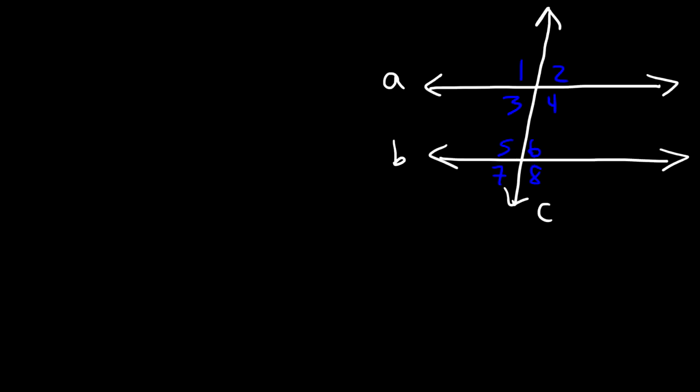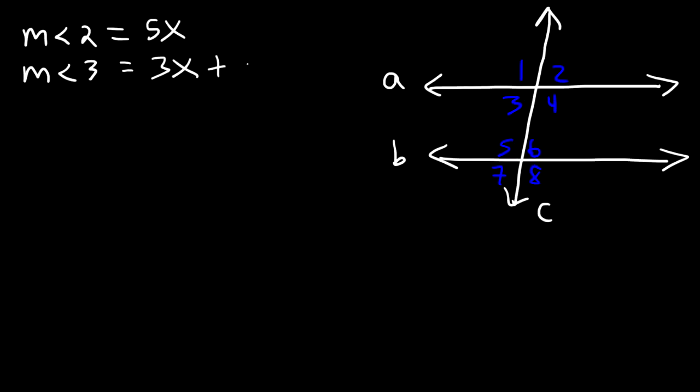So in this example, let's say that angle 2 is equal to 5x, and angle 3 is equal to 3x plus 24. Your goal is to find the value of x. So feel free to pause the video and go ahead and try that problem.